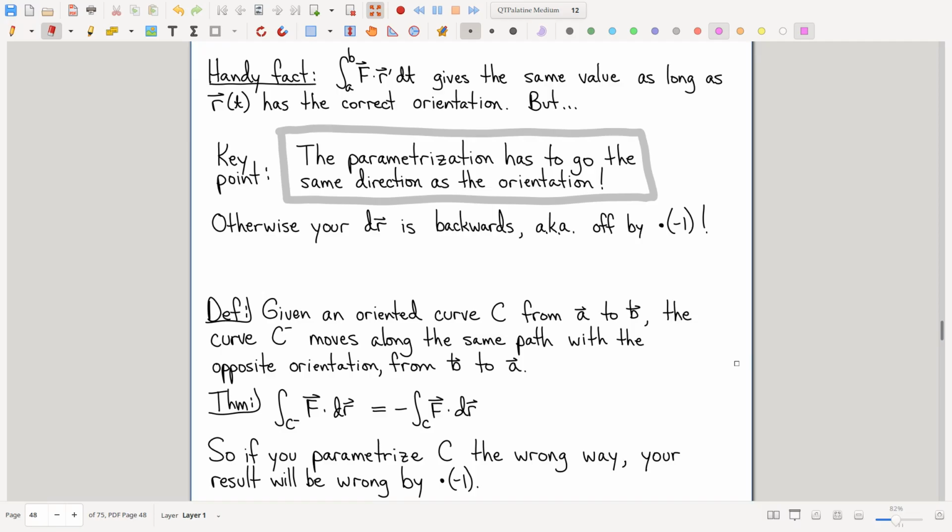And we made the observation that, other than the orientation, how you parameterize kind of doesn't matter. But you do have to parameterize with the correct orientation. Otherwise, you're off by a minus sign. Because you might have a windy mountain road that's going up the mountain. Well, if you parameterize it backwards, then you're going to compute the amount of work it takes to come down the mountain. Very different amount of work, of course. Okay. Does that make sense?